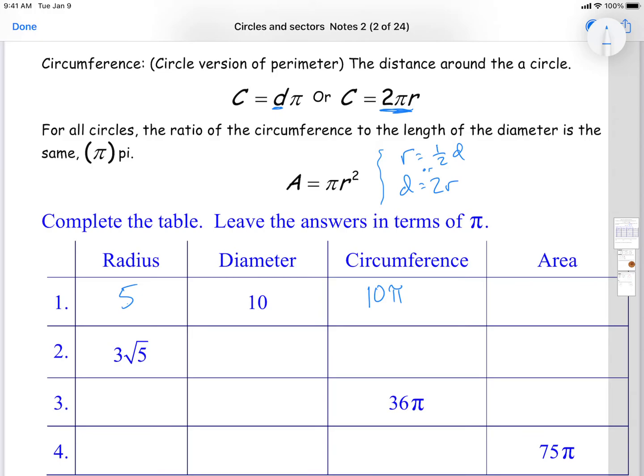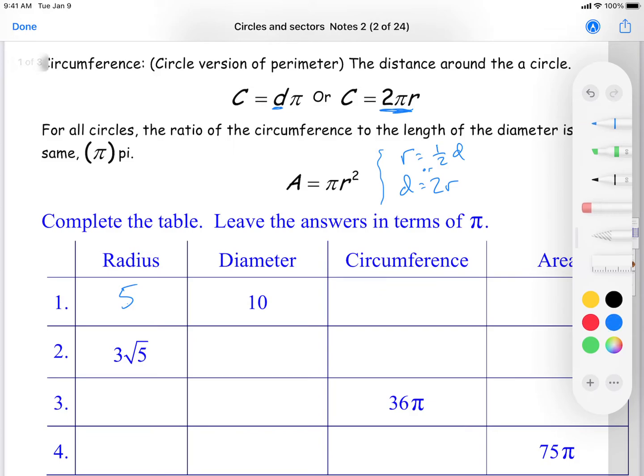You don't have to show the work for each one, but my circumference is equal to 2 pi r, or diameter times pi. We know my diameter is 10, so my circumference is equal to 10 pi, okay?